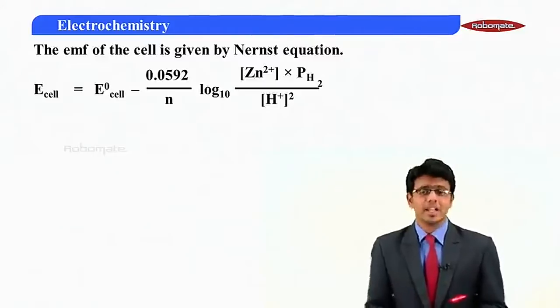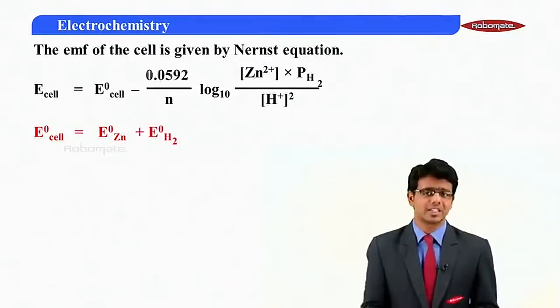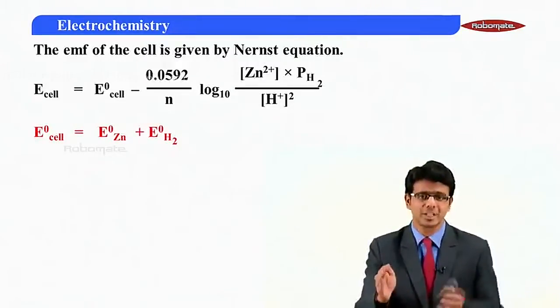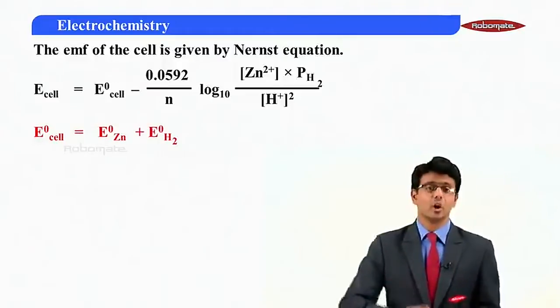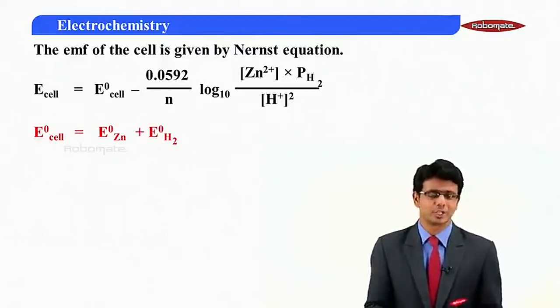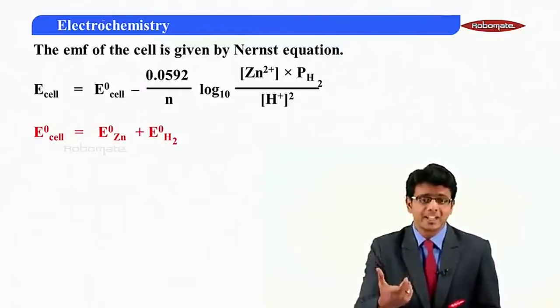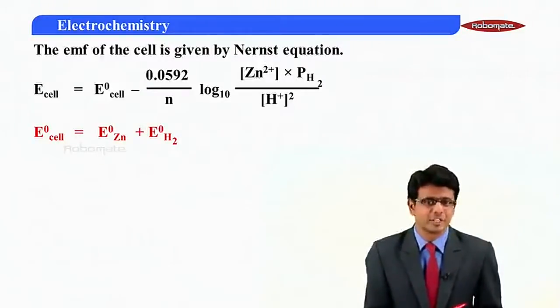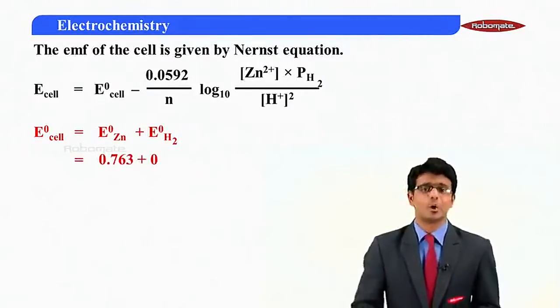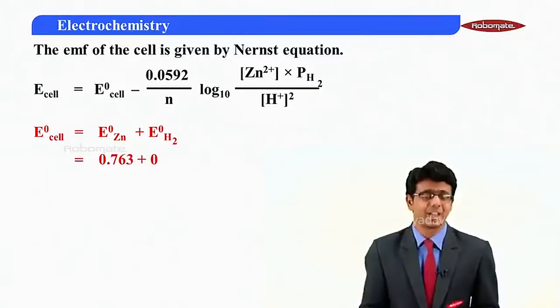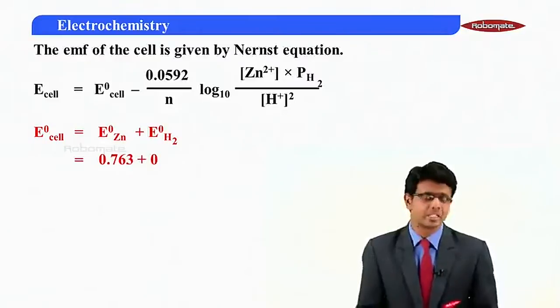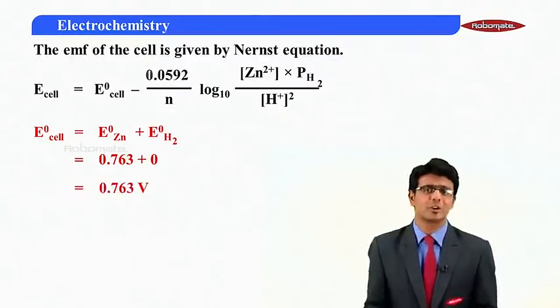So now, let us first find the E naught cell, which is E naught oxidation plus E naught reduction, right? So E naught zinc plus E naught hydrogen. Here we will be writing the oxidation potential of zinc, which is positive value 0.763. And we know E naught hydrogen is 0. So basically 0.763 plus 0 is equal to 0.763 volts. That is the value of E naught cell.